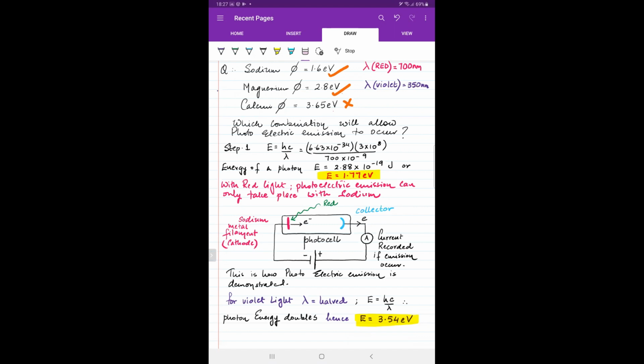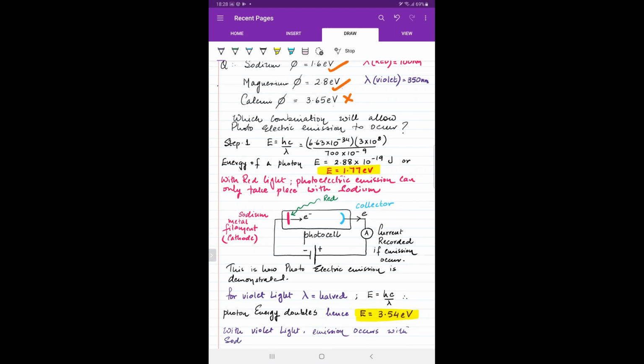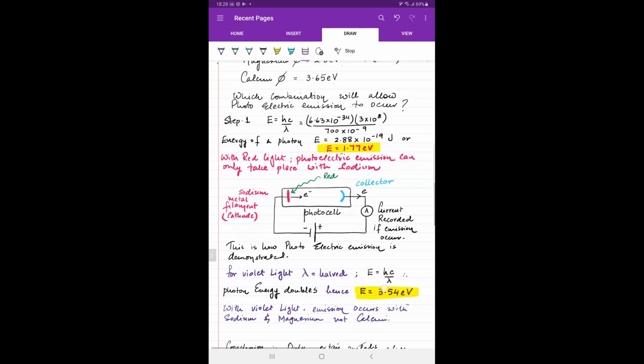With violet light, emission occurs with सोडियम के साथ भी हो रहा था, और किसके साथ हो रहा था, मैग्नीशियम के साथ भी हो रहा था, but not with calcium. इन शॉर्ट, काफी स्टूडेंट्स इसको ऐसे लर्न कर लेते हैं, and I think this is probably the best way of remembering it.